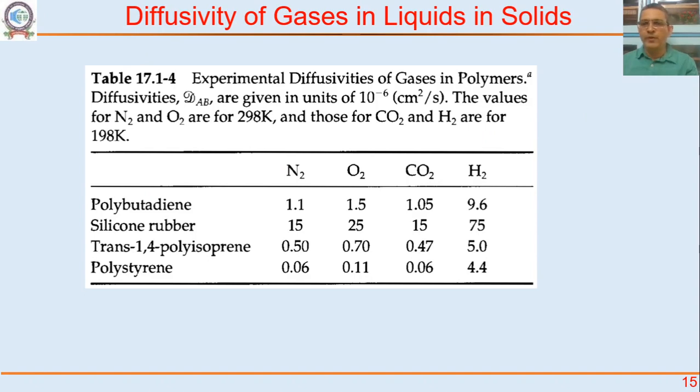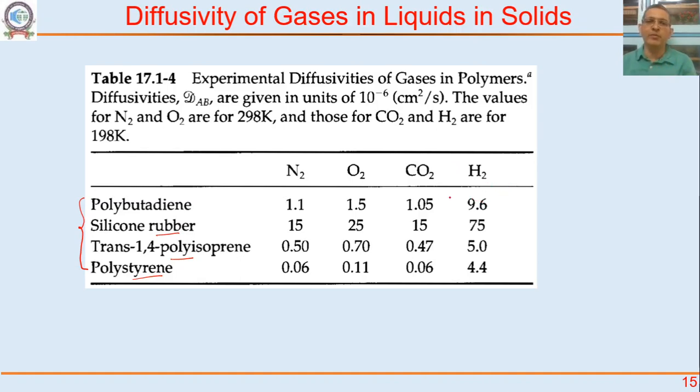I want to talk to you briefly about diffusivity in solids, in porous medium. Here is some data. Let's say these are diffusivities of different gases in different solid media. So polybutadiene is a polymer, rubber, polyisoprene, polystyrene. So these are different polymers and diffusivity of gases in different polymers.